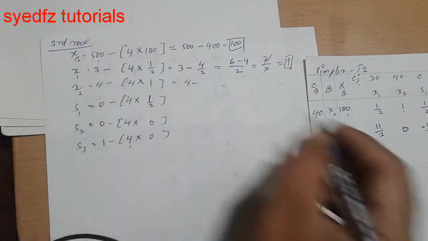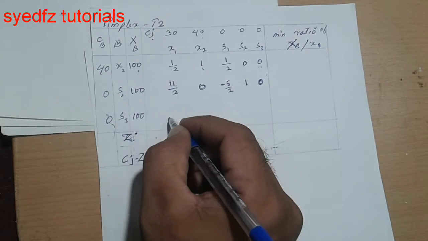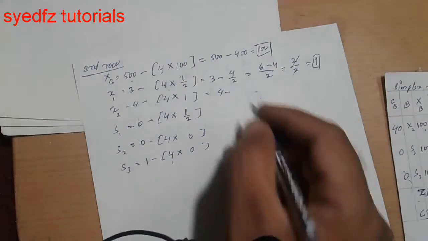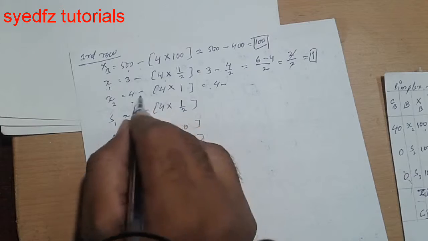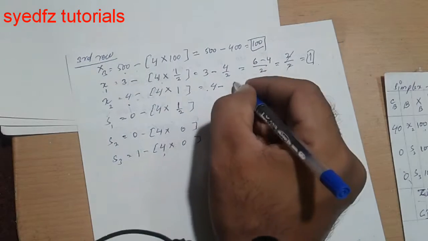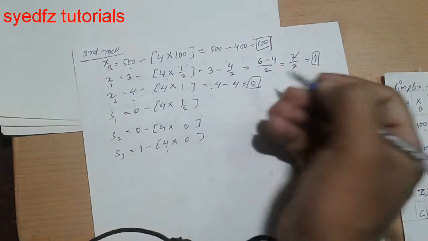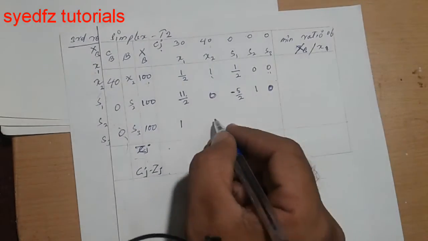So in the new table, write in the third row for x1 as 1. Now calculation for x2: 4 remains, minus remains, 4 1s are 4, answer is 0. So write 0 here.